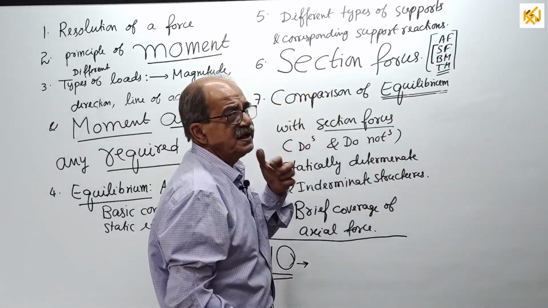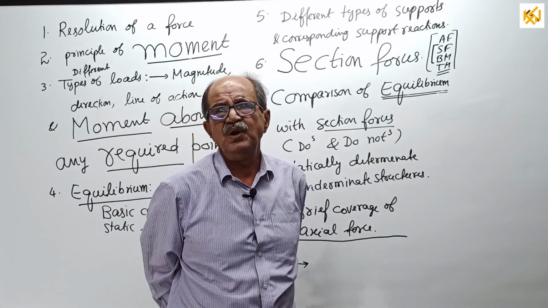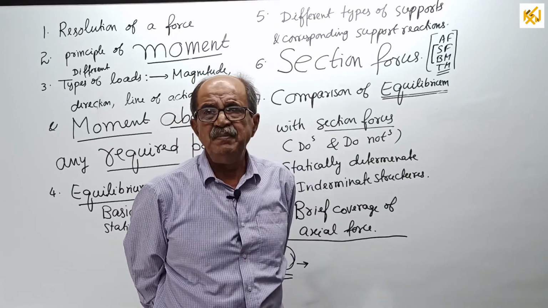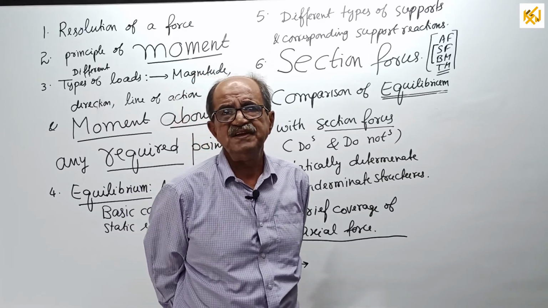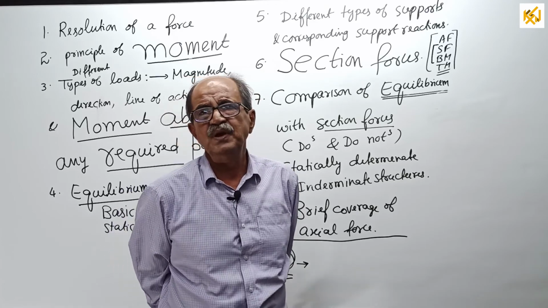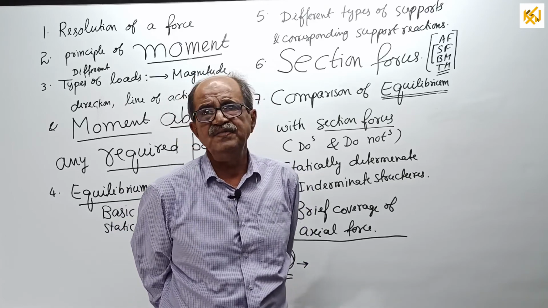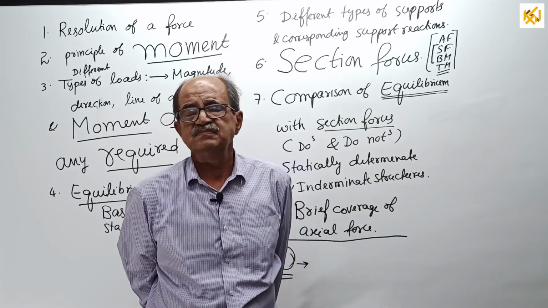Torsion we will not cover here. And usually for torsion, diagrams are not drawn. It can be drawn, not that diagrams do not exist, but usually diagrams are not drawn. A designer usually requires the information, if torsion comes, what is the value of that torsional moment.